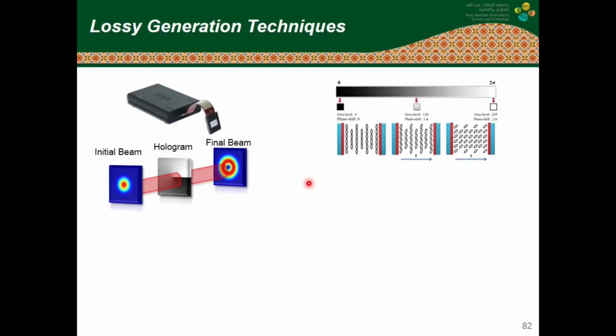In most of the major papers on the topic of OAM multiplexing, including ours, we use spatial light modulators. A spatial light modulator is an electronically programmable device with an LCD screen or an array of digital micromirror devices, DMDs. The one depicted here is based on the liquid crystal technology.